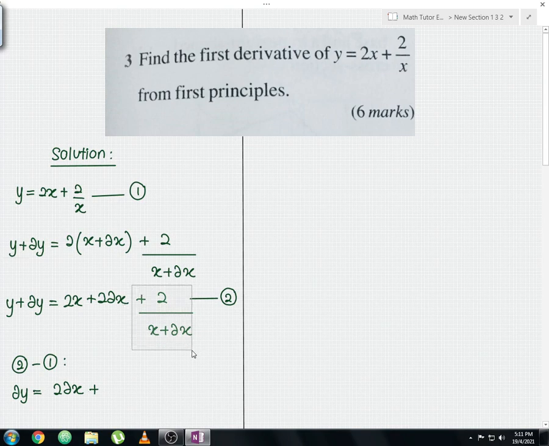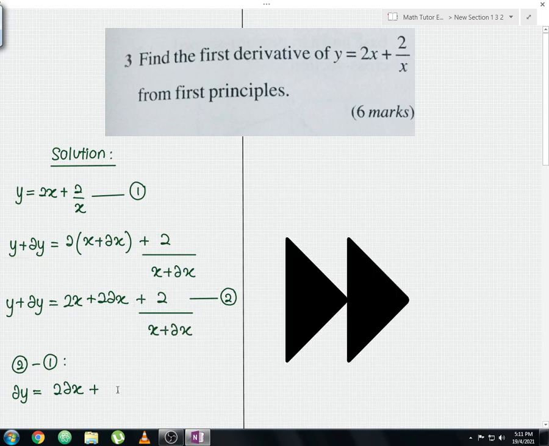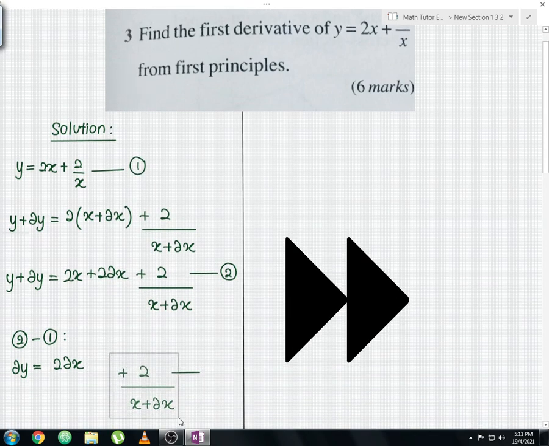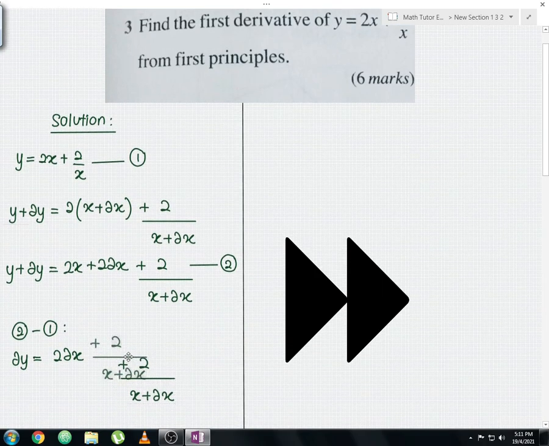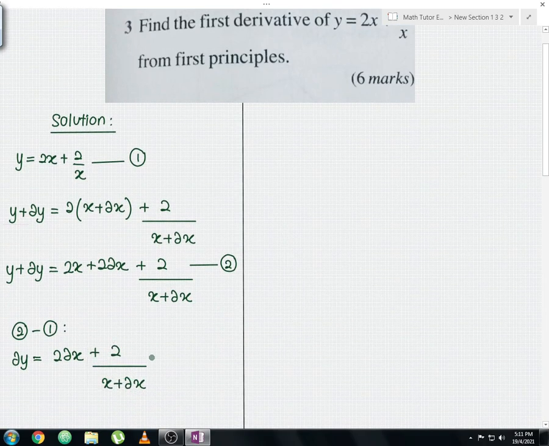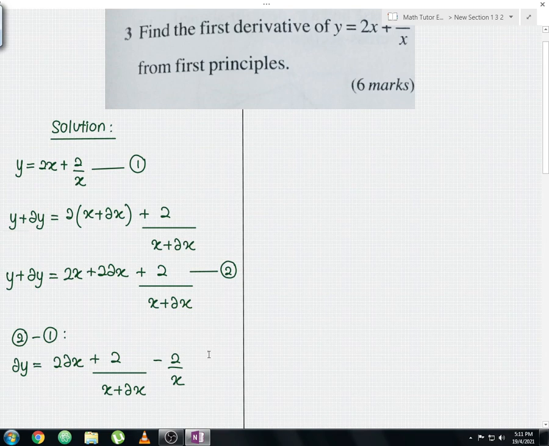Let me copy paste this. Wait guys. And then you minus 2 over x. So this is the concept behind equation 2 minus equation 1, guys. I hope you understand.